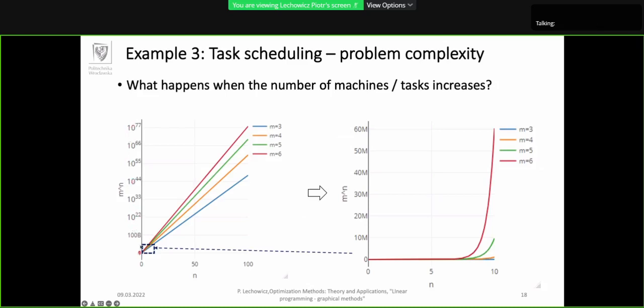This is the number of possibilities, the solution space, and here we have the zoomed fragment of this part of chart using linear scale. So how many possibilities do we have? And as you can see, if we increase the number of machines, the complexity, that is the number of possible solutions, increases very, very rapidly.